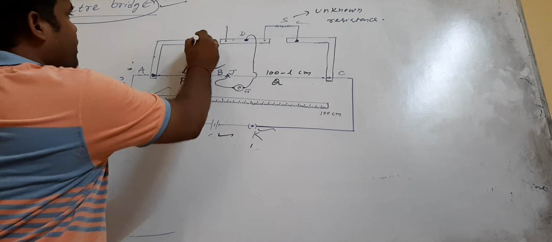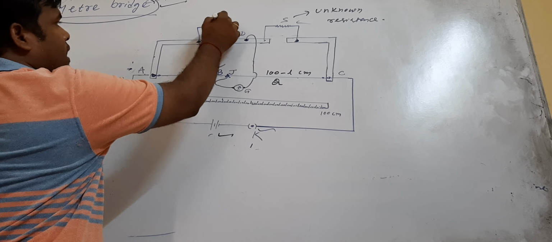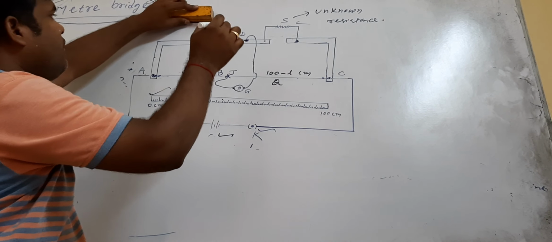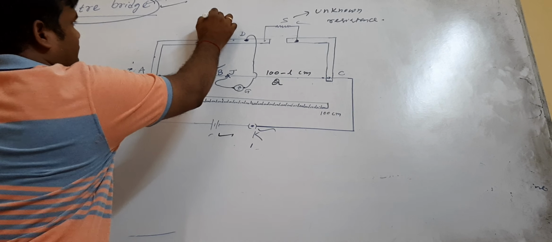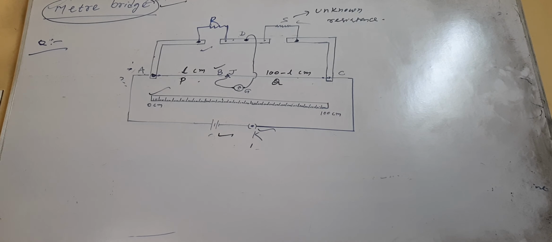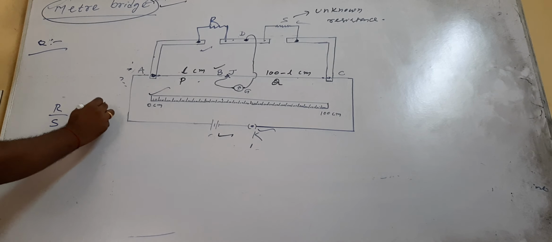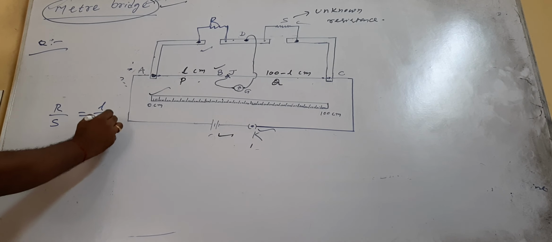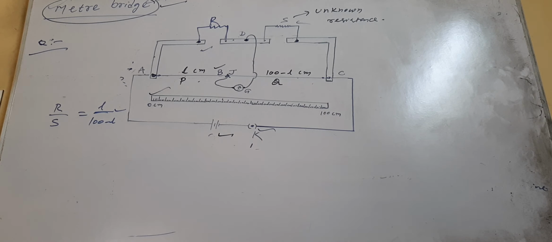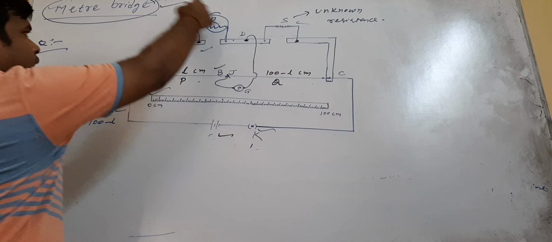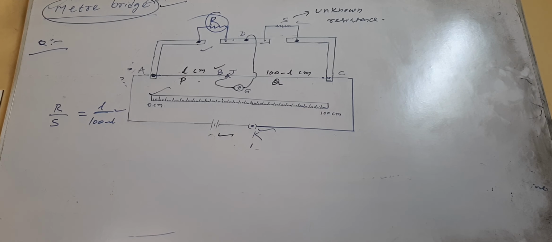Suppose in the left gap you have one resistance, let it be R. Here we got R by S is equal to L by 100 minus L. My question is, if you increase this resistance, where will the null point shift?